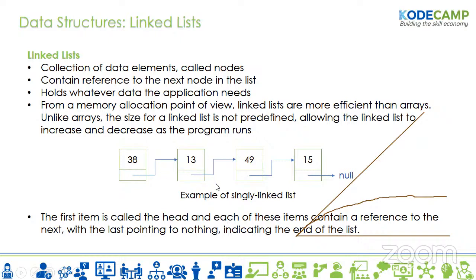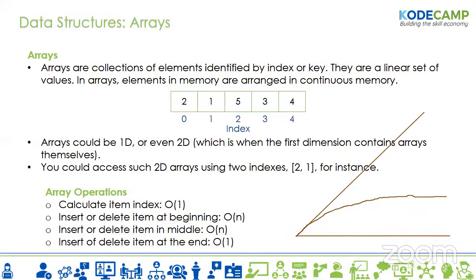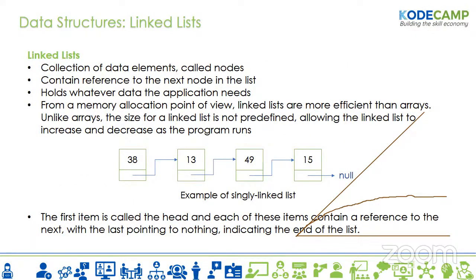So that's what we mean by linked. That is how they are linked together. So in arrays, they are stored side by side, but in linked lists, they can be stored anywhere in terms of location, but you have a reference in them telling what is the next memory location for the next element in the list.